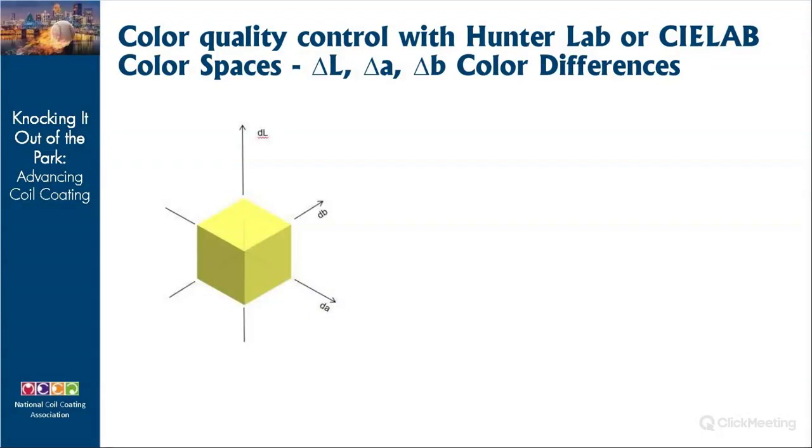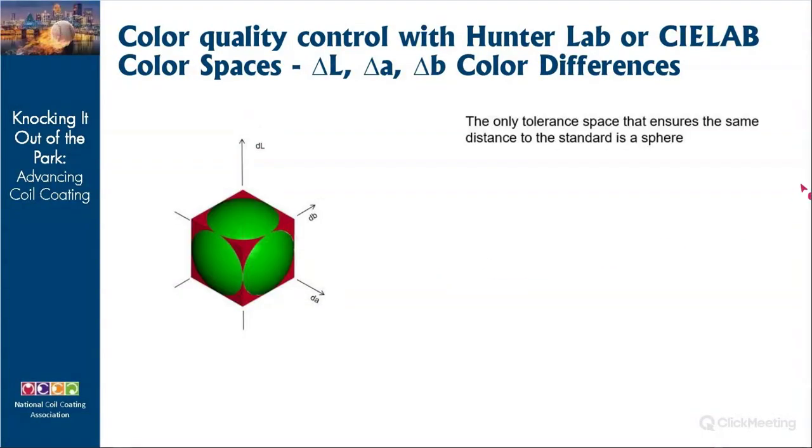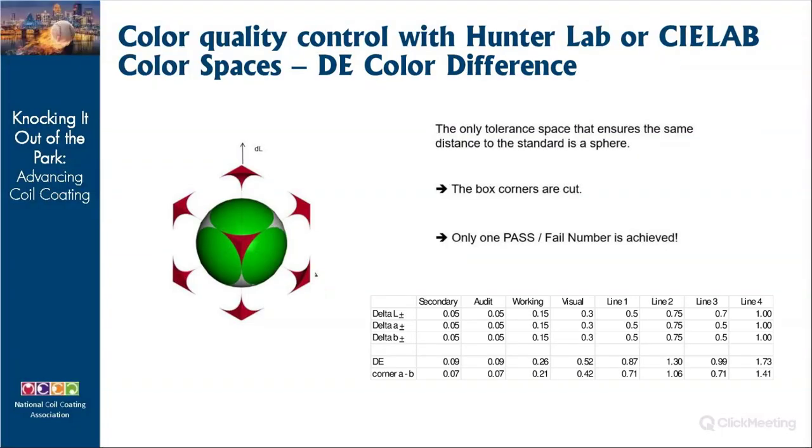So what happens when we start to break that down is, if we want to use a delta E calculation, then that single vector will lose the corners of the box. So you can either do LAB box tolerances, or you can do a delta E tolerance, which will use that single vector. You see here on the left is the sphere, or the green part of your tolerance.